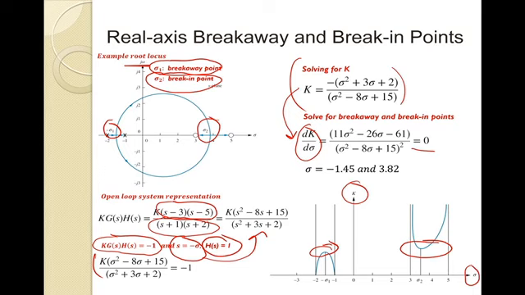So you see the value of k that we have here, but I'm going to write that k a little bit differently. I'm going to write my k as negative sigma squared plus 3 sigma plus 2, and then instead of writing it as a denominator, I'm going to write it as sigma squared minus 8 sigma plus 15, but to the power of -2.